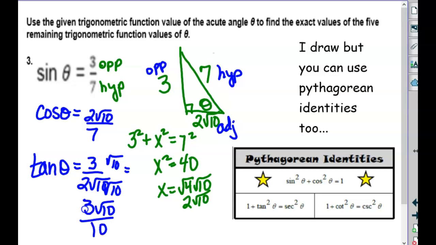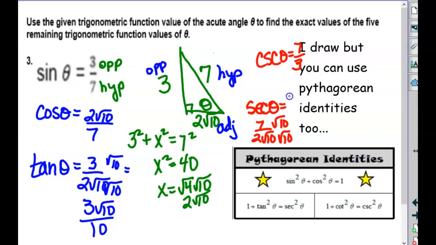Okay, we got to flip them all over real fast and then we're done for the day. What's the flip of sine called? Cosecant would be 7/3. Secant is going to be 7 over 2 square roots of 10. 7 square roots of 10 over 20.